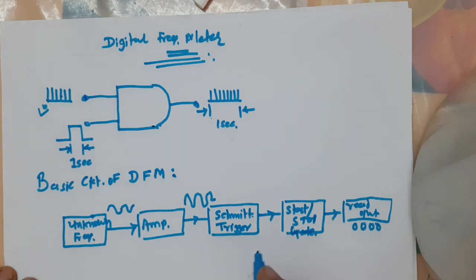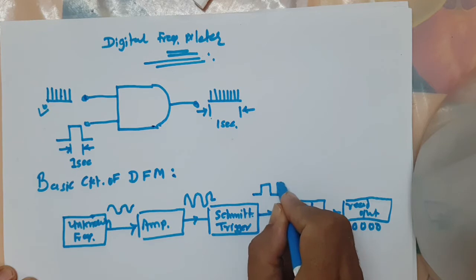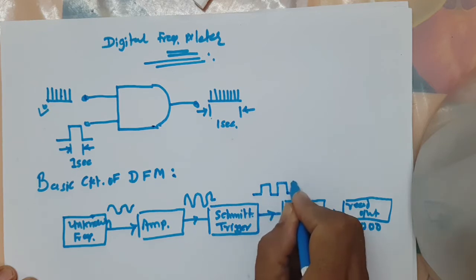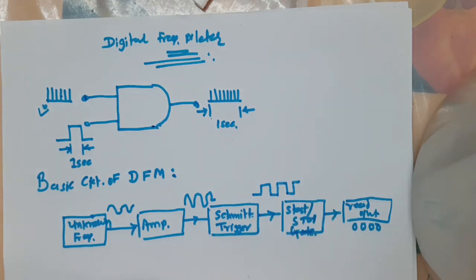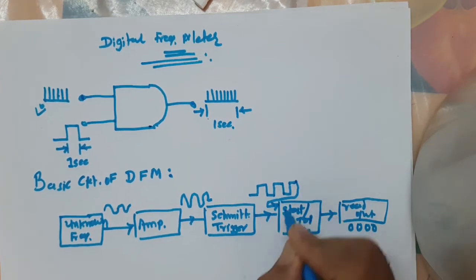So the output of the Schmitt trigger is our square wave, which is then differentiated and clipped. As a result, the output from the Schmitt trigger is a train of pulses, one pulse for each cycle of the signal. The output pulses from the Schmitt trigger are fed to the start stop gate. Here it is fed to the start stop gate.